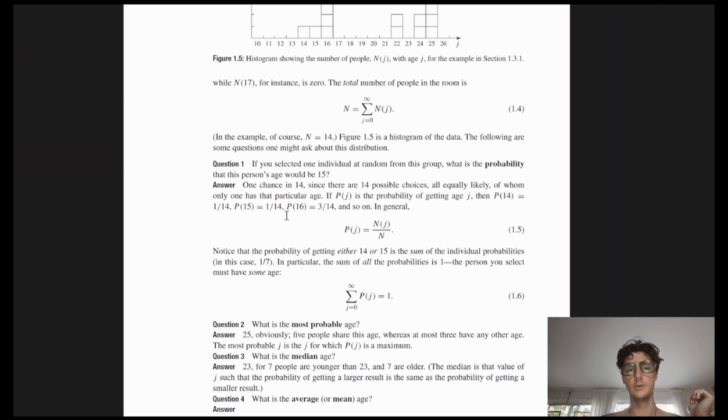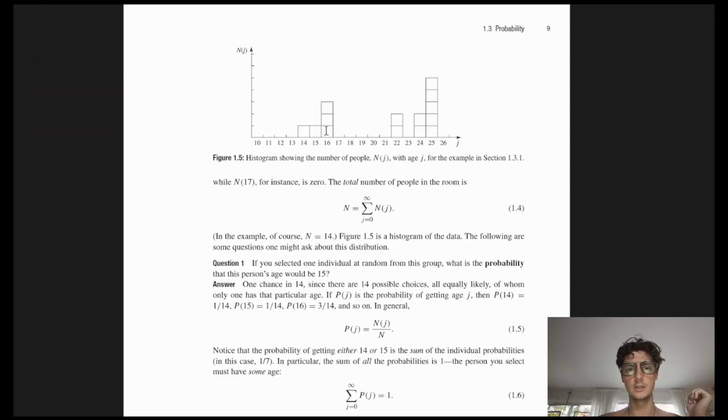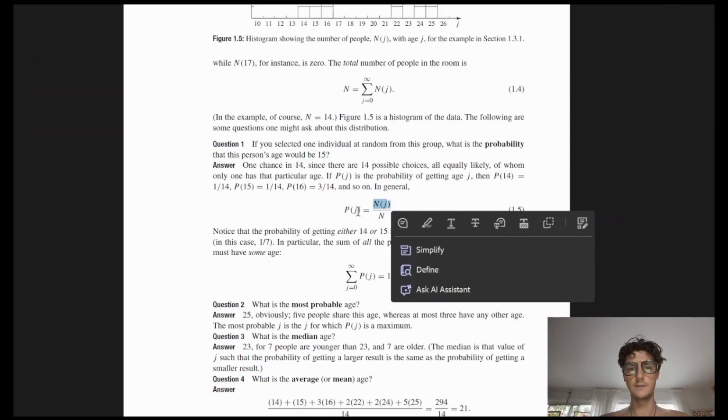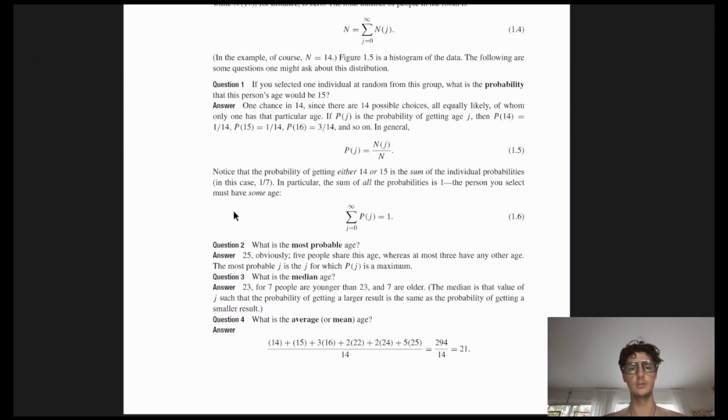P of 15 is equal to 1 over 14, because we have one person of age 15. P of 16 is 3 over 14, because 16 has 3 people, and so on. In general, P of j is defined as N of j divided by N, N being the total number of people, which we saw was 14, and N of j being the number of people with that specific age.